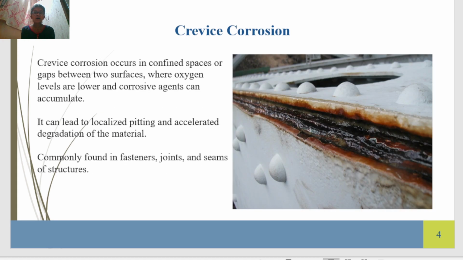Next we have crevice corrosion. This type of corrosion occurs in confined spaces or gaps between two surfaces where oxygen levels are lower and corrosive agents can accumulate. This can lead to localized pitting and accelerated degradation of the material.